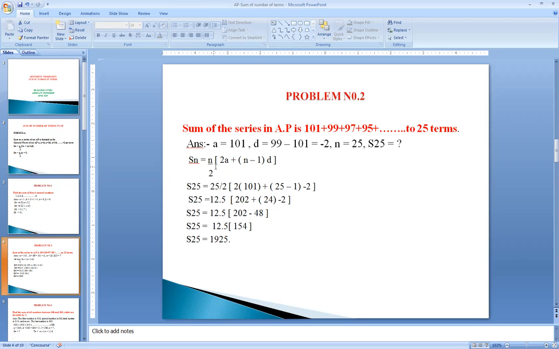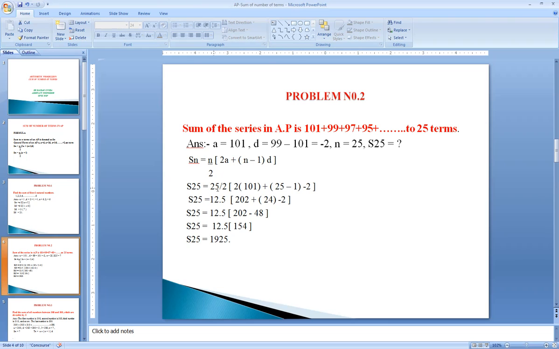Sn equals n by 2 into 2a plus n minus 1 into d. So n means how many numbers, it is 25. So S25 equals 25 divided by 2 into 2a, where a is 101, plus n minus 1, which is 25 minus 1, into d, which is minus 2.